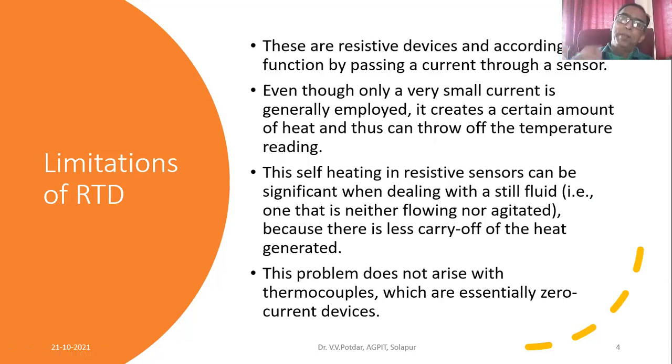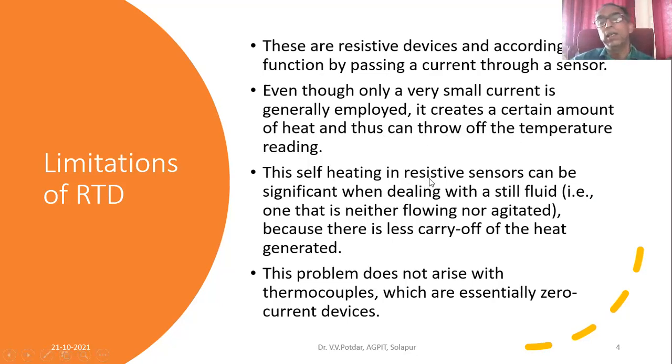And because of this current and the resistance of the RTD, there will be some current flowing even in normal conditions before it is immersed for temperature measurement. Just as it is, as the current starts flowing, there will be some resistance change in the resistance wire. It creates a small amount of heat inside the wire and thus can throw off the temperature.